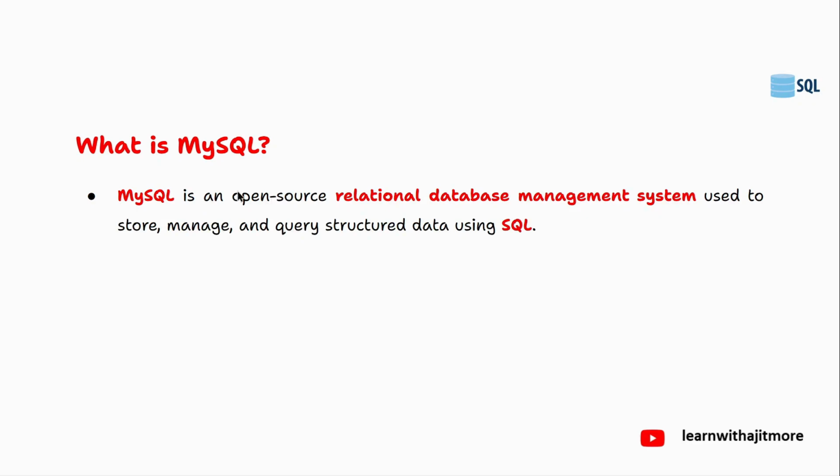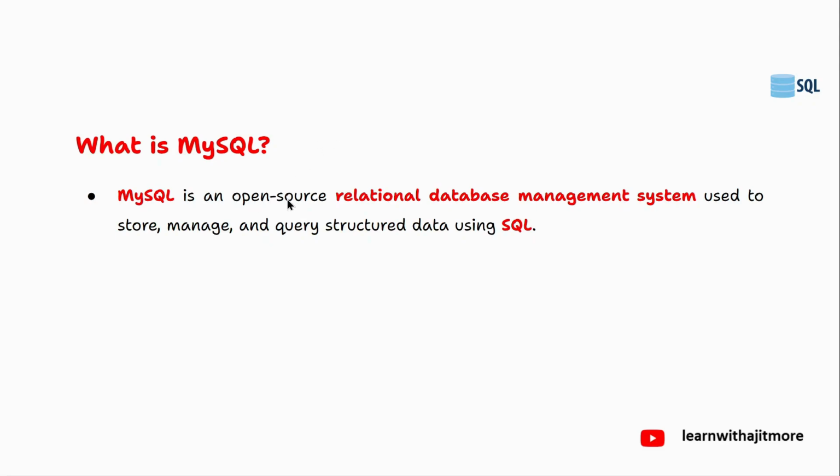So MySQL, as I said, is open source. They provide it with the source code itself. If you download the zip version, you can see the original code they wrote in C. Generally, we don't go for that. We generally download the installer version and install because we are not bothered about it. Our main intention is to learn SQL and start using that SQL in MySQL, right? Therefore, we are not much curious about that, but they give it along with the source code. And it is freeware also.